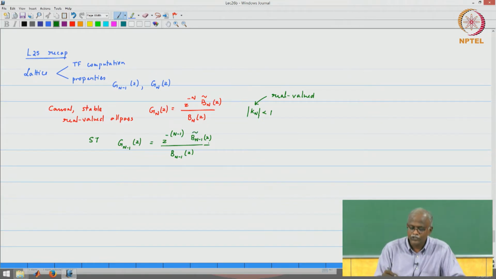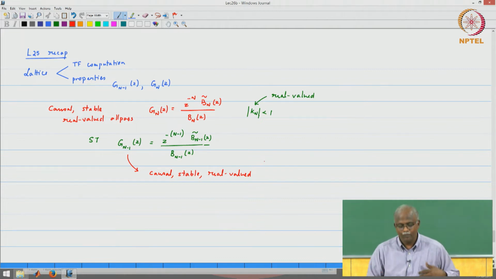So this is also an all-pass, and the claim is that this all-pass function is causal, stable, real valued, with real valued meaning real valued coefficients.